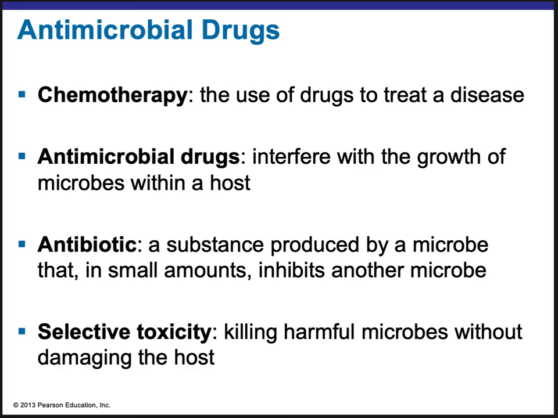Risk versus benefit. Another thing that you need to think about is the drug target, right? So selective toxicity means targeting the microbe and not the host. So you want the actual target where the drug does its activity to be something that's unique to the microbe. If it's not found in the host, then typically the drug won't interact with the host and there won't be any side effects.